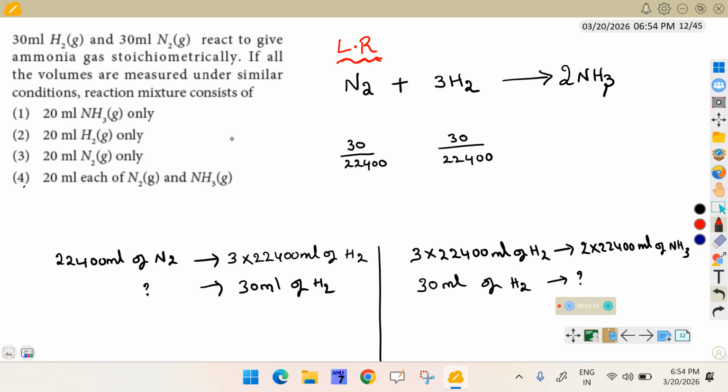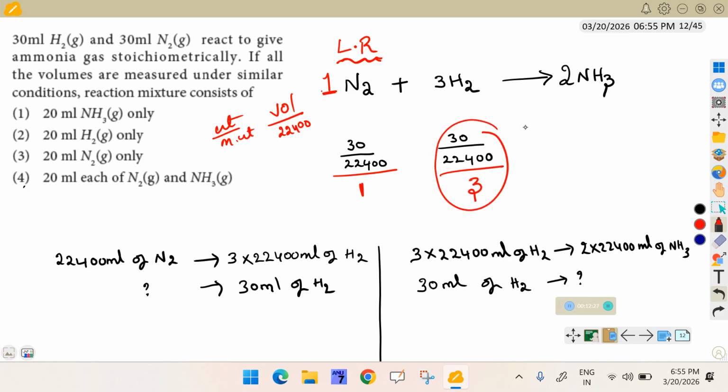Number of moles formula: weight by molecular weight, or volume by 22.4 liters or 22,400 ml. Number of moles of N2 is 30 by 22,400. Number of moles of H2 is also the same. Divide the number of moles by the stoichiometric coefficients. Then this value is less for H2. The limiting reagent is H2.